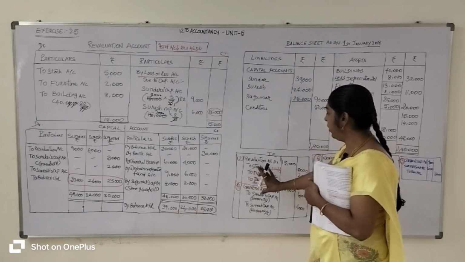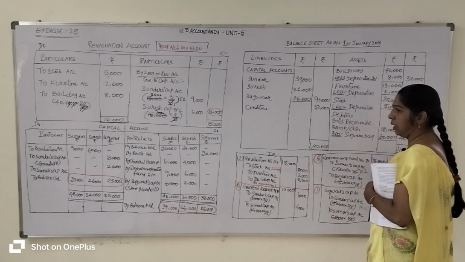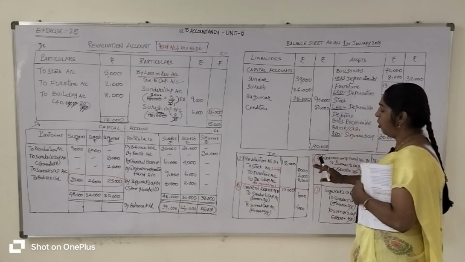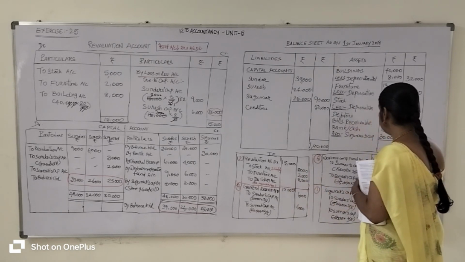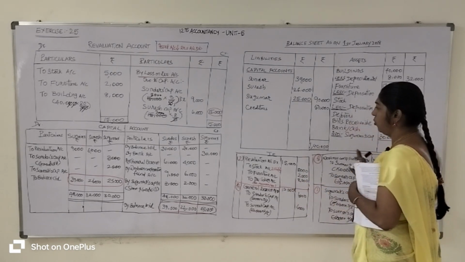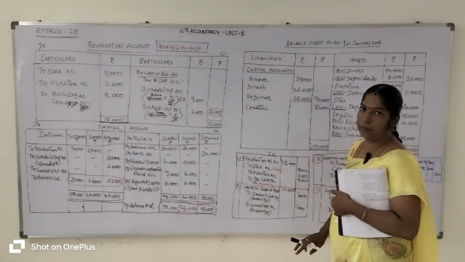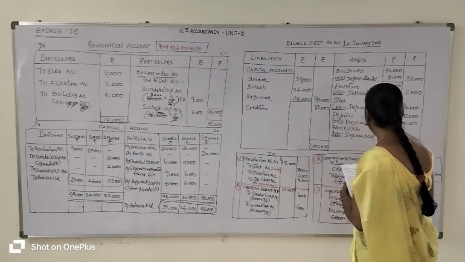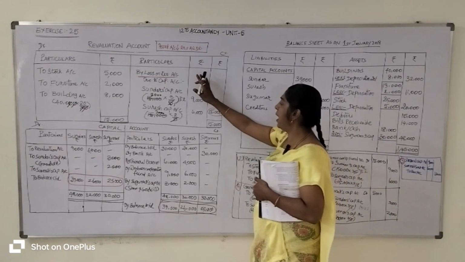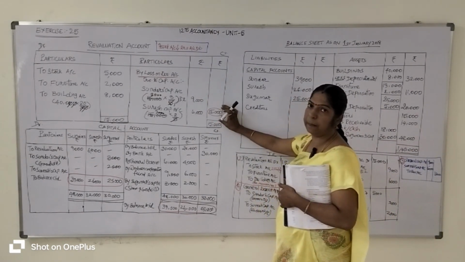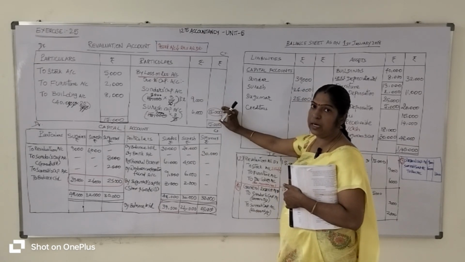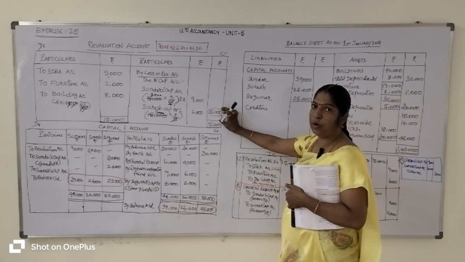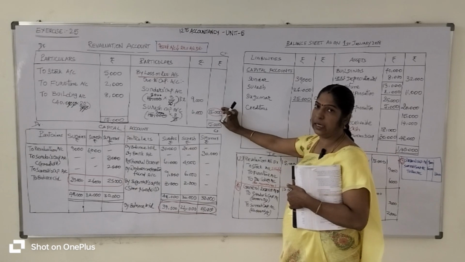Listen, I prepared the journal entry here. So the revaluation account balance appears on the credit side, and that revaluation balance goes to the old partners' capital account with their old profit sharing ratio.